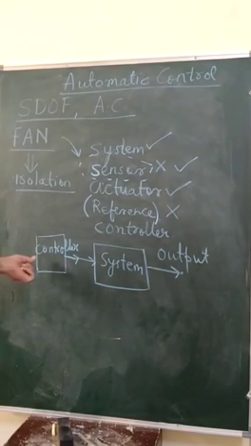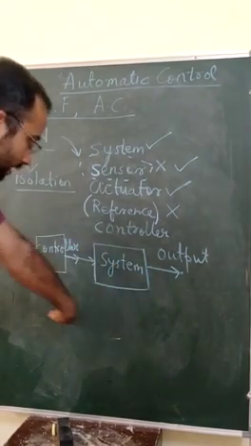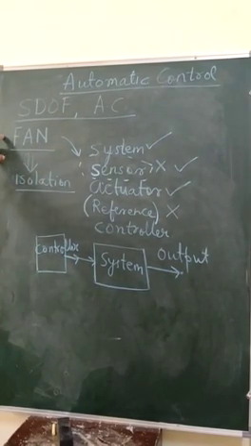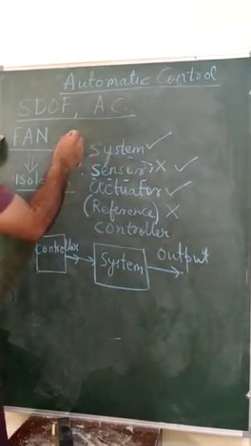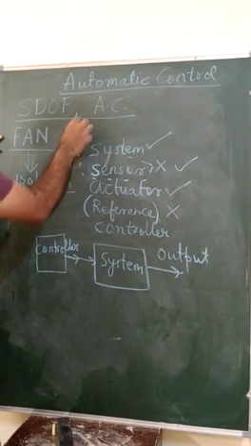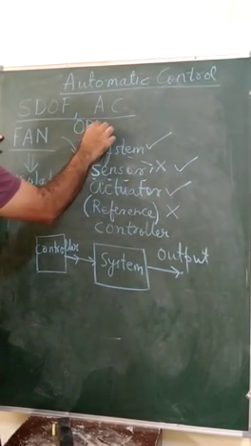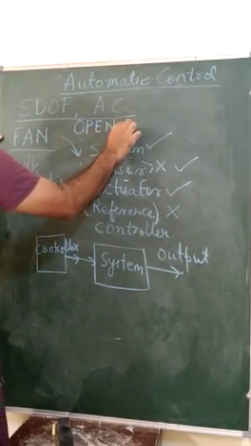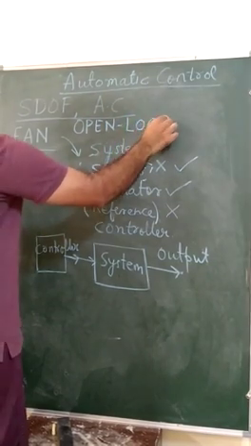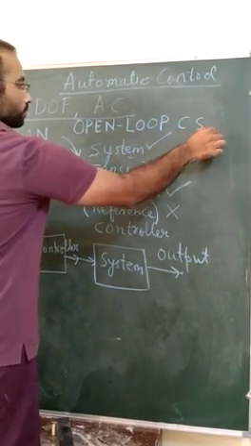These are some of the jargons of control system technology. The loop here is not getting closed. Therefore, such a system is categorized as an open loop control system.